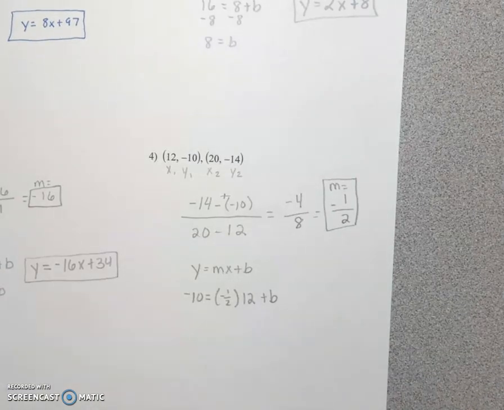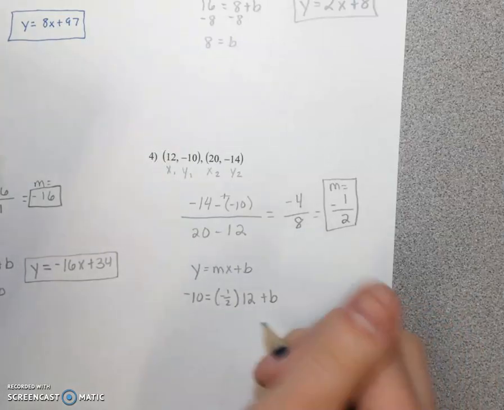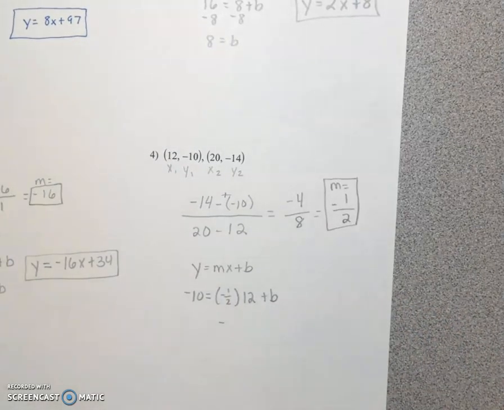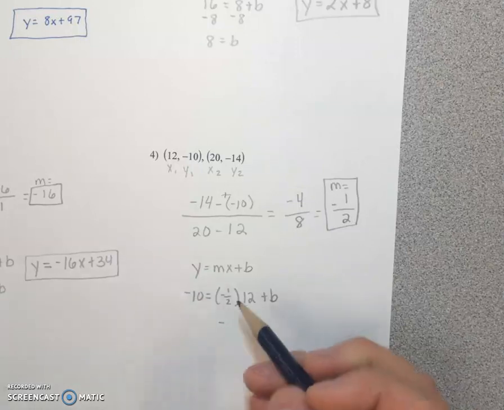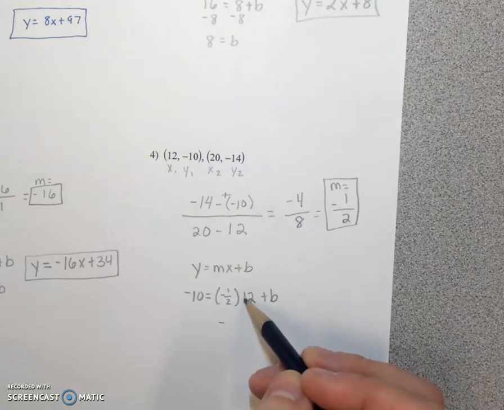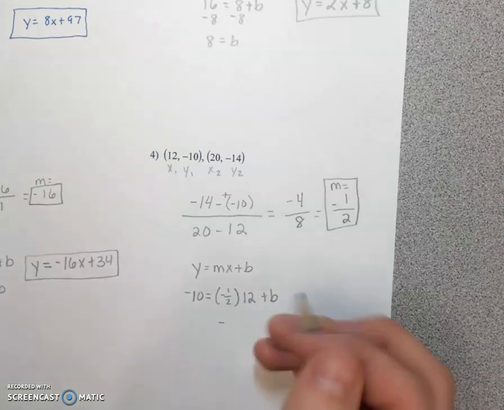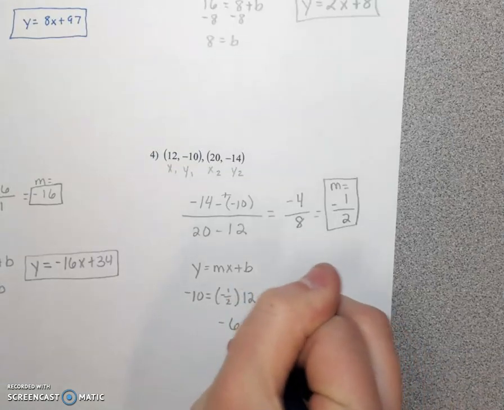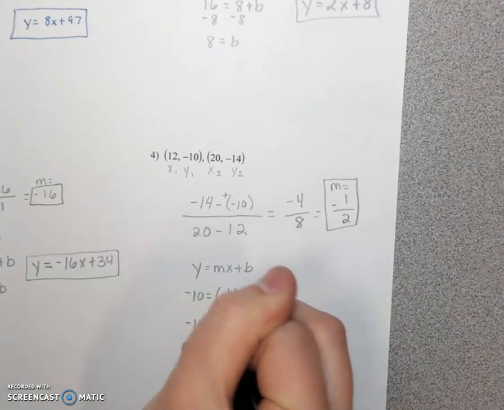Okay, guys, I'm going to pull out my calculator. Again, don't be ashamed. I know I have a negative times a positive, so I'm going to get a negative 6, which makes sense. If I have halves and I multiply it by 12 of them, I end up with 6 wholes, so negative 6 plus b, equals negative 10 there.